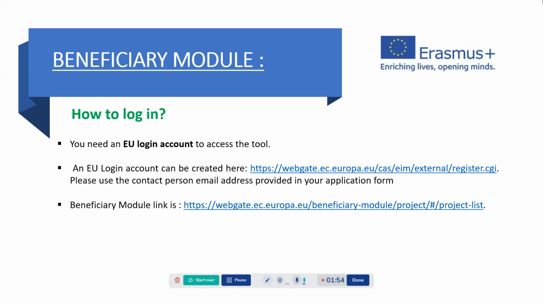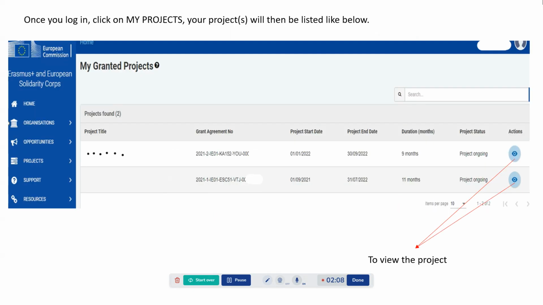So how do you log into the beneficiary module? You need an EU login account to access the tool. So we have sent you already a link to create an EU login account if you do not have it yet. And we also sent you the link to the beneficiary module. When you log into the beneficiary module, you will arrive to this page, which will show you on the My Project, all the projects that you're involved with from 2021.